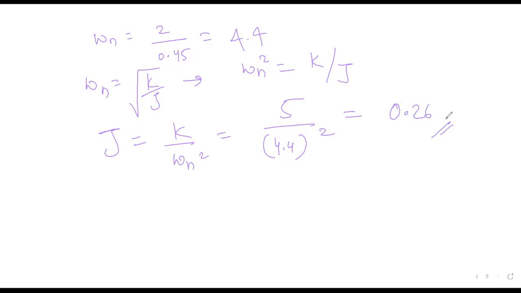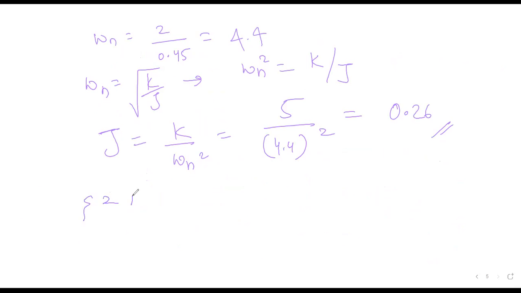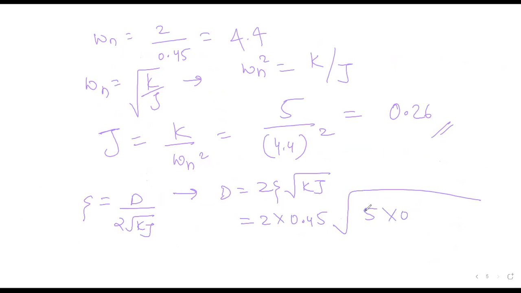Yes, 5 over 4.4 square is equal to 0.25 or 0.26. Okay. Now your zeta is known, now you have to find D value. So D value is what? D is 2 zeta under root kJ, which is 2 into 0.45 under root 5 into 0.26. Find the value.